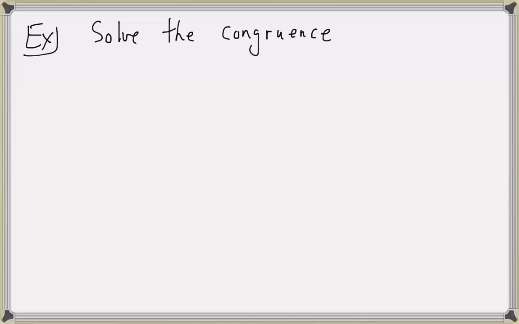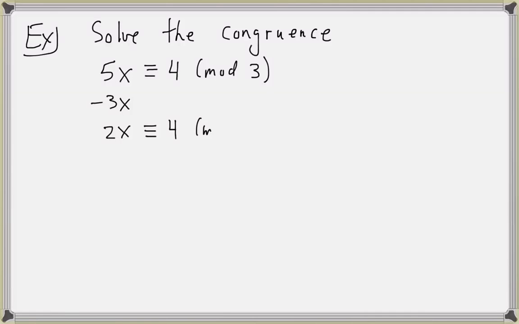Let's solve the congruence 5x is congruent to 4 mod 3. Right now 5 and 4 have no factors in common, but I can subtract 3x from the left-hand side because 3x is congruent to 0 mod 3. So we see that 2x is congruent to 4 mod 3.